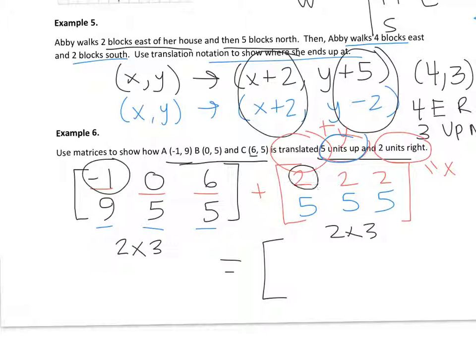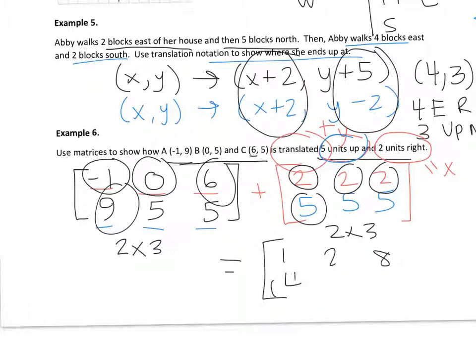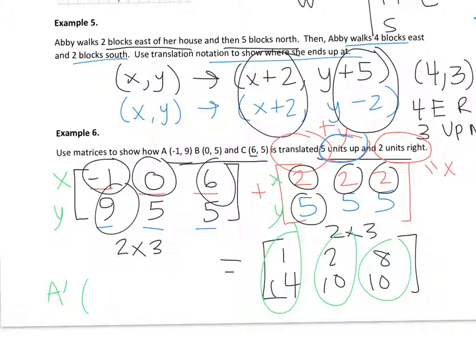You add their corresponding parts: 0 plus 2 is 2, 6 plus 2 is 8, 9 plus 5 is 14, 5 plus 5 is 10, 5 plus 5 is 10. So here's your resulting matrix. That's how you show your work. The x is on the top, the y is on the bottom. The resulting ordered pairs would be A prime at (1, 4), B prime at (2, 10), and C prime at (8, 10).